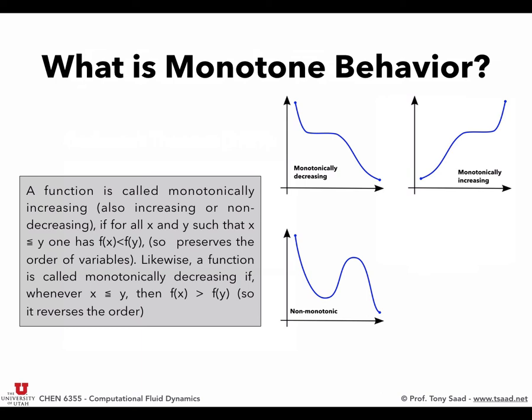And a monotonically increasing function is such that if x is greater than y, then f of x is greater than f of y. But non-monotonic is something like this, where you pick x and y, and your function is not, for all x and y, maintaining the order or reversing the order correctly, okay?